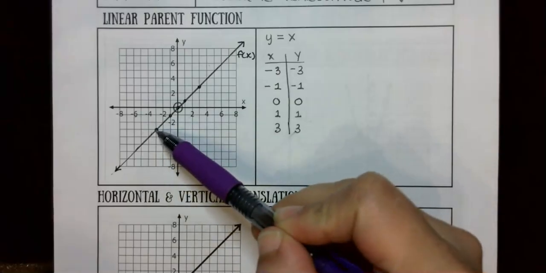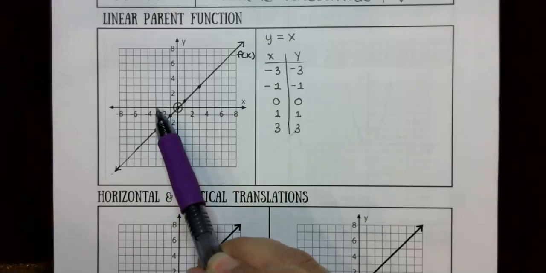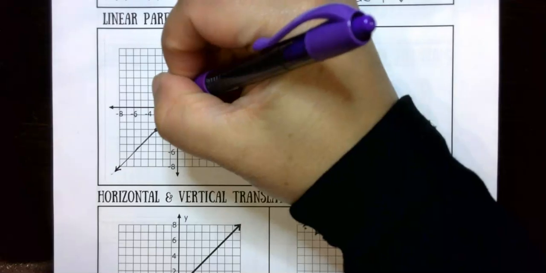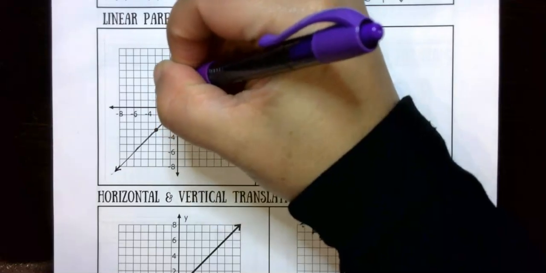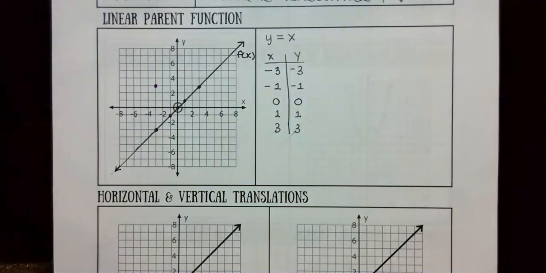I'm going to start with this one down here. And I notice that this point is 1, 2, 3 units away from the x-axis, and it is below the x-axis. So the opposite would be to do 3 units above the x-axis. So here's my x-axis, and I'm going to count 1, 2, 3, and create a new point on the opposite side.